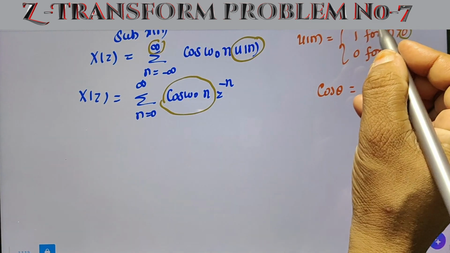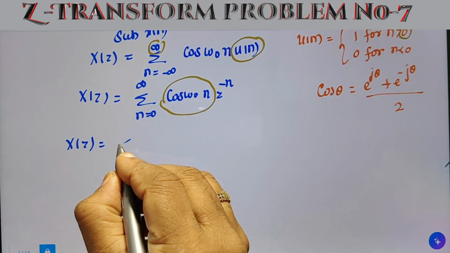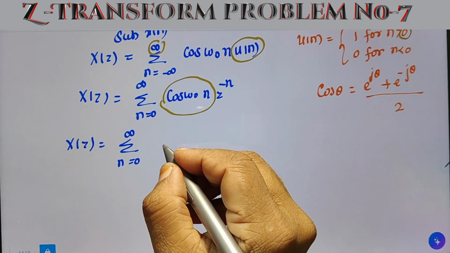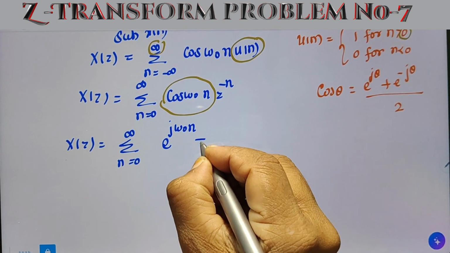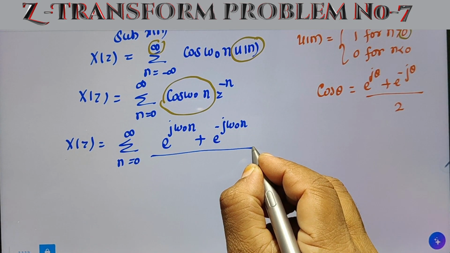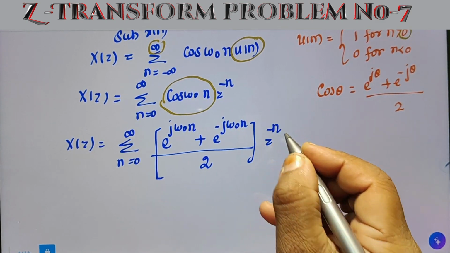So write the next line, X of z equal to summation n equal to 0 to infinity and expand the term: e power j omega naught n plus e power minus j omega naught n, the whole divided by 2, into z power minus n.